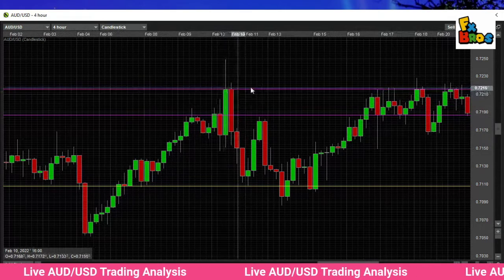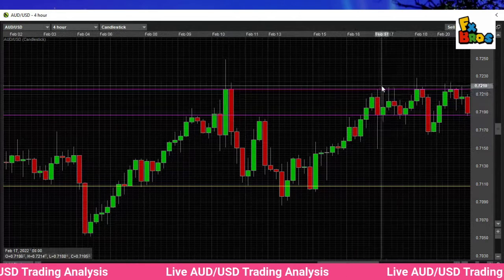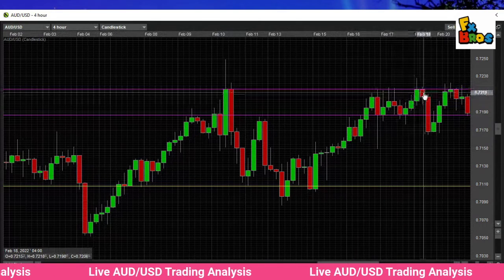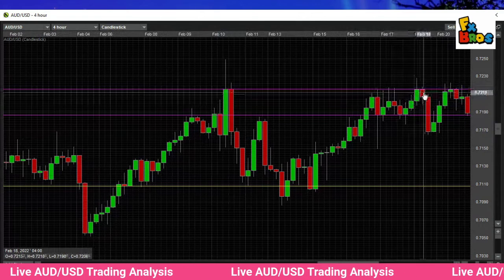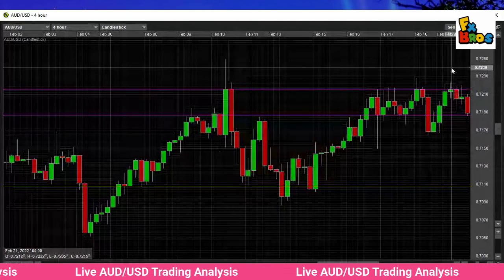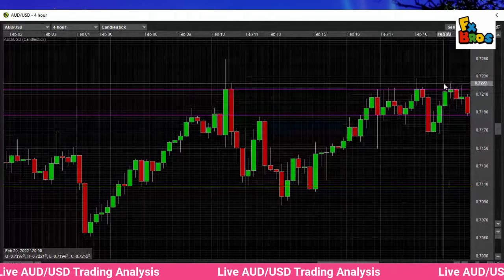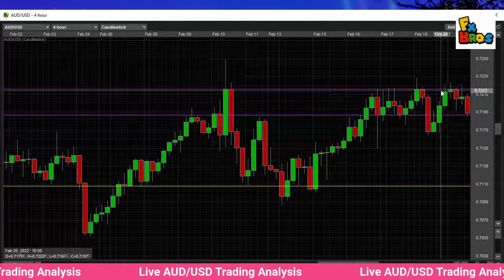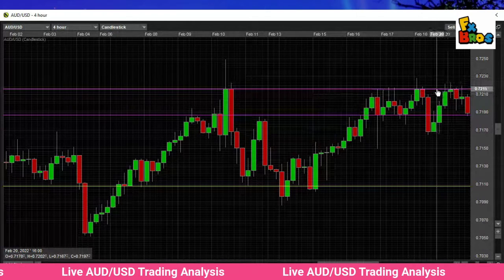You have this area right here, you got all these wick touches, this little area here. Chances are that price continuing higher is a whole lot less likely than price respecting this little resistance.